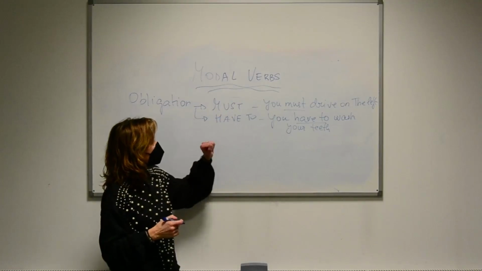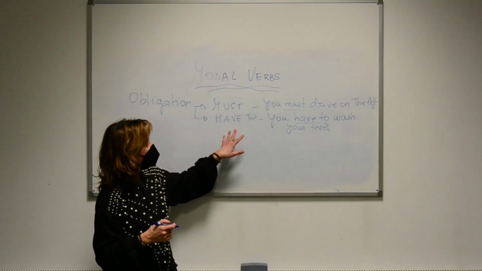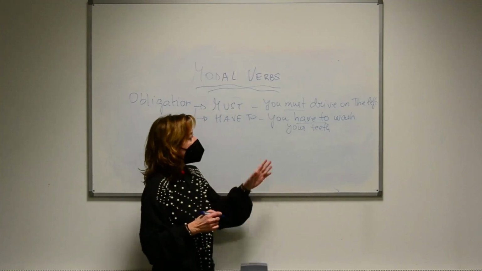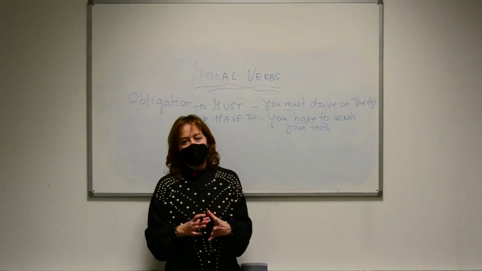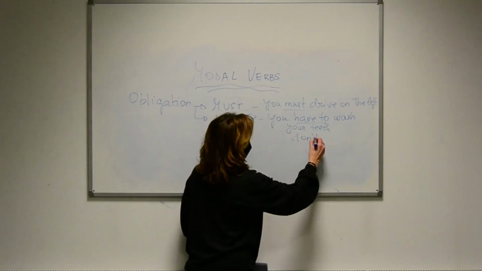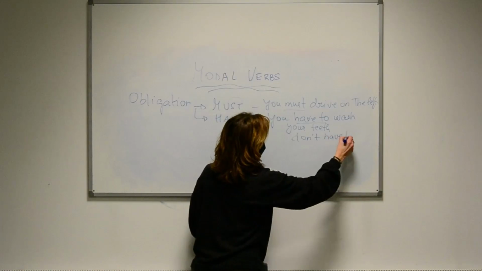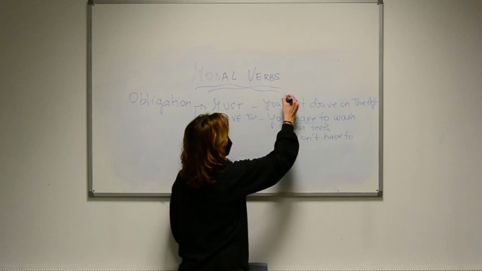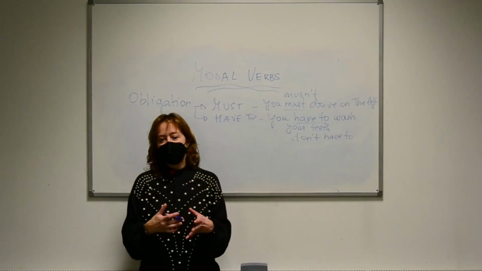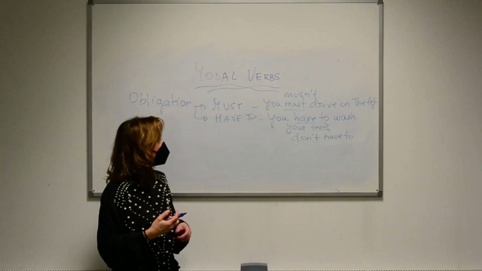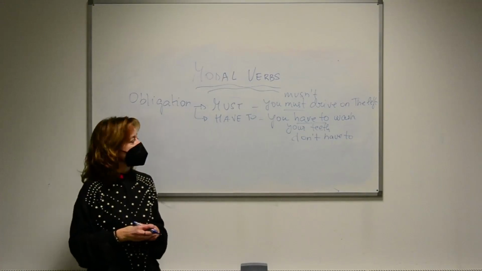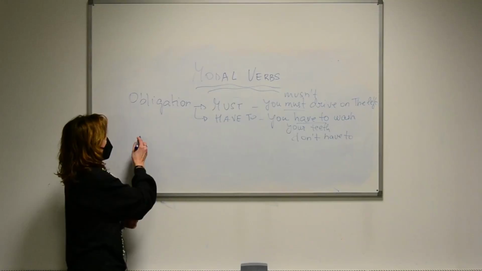The difference between must and have to is that have to is always followed by to plus infinitive, and in the negative form, we need the auxiliary. Don't have to, while in must, we say mustn't. Mustn't means that it isn't necessary, okay? Those, the most important ones to express obligation, are must and have to.